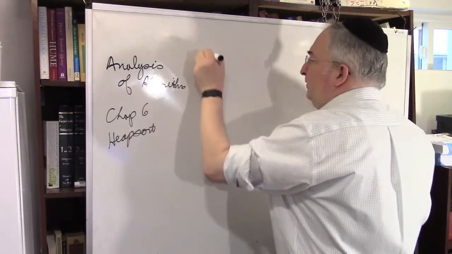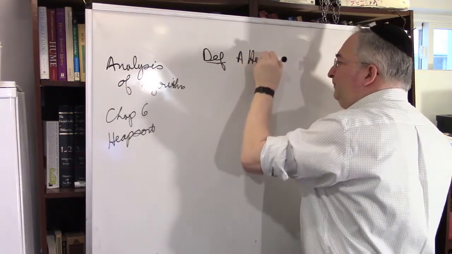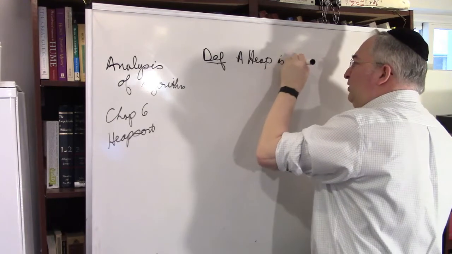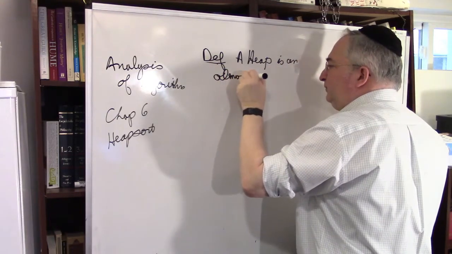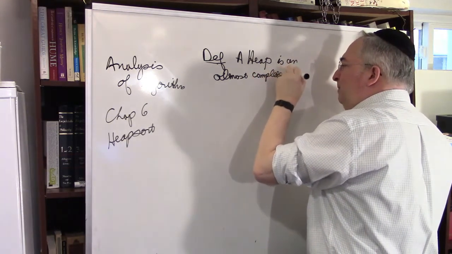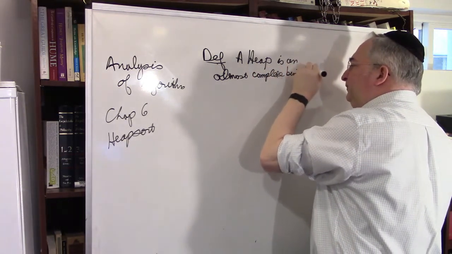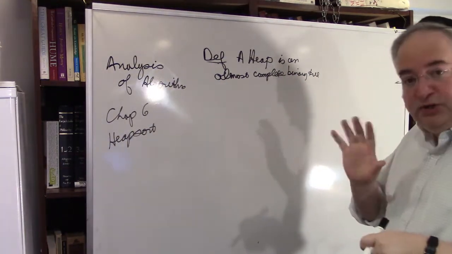What's a heap? Definition: a heap is an almost complete binary tree. There's more, but let me first explain what I mean.